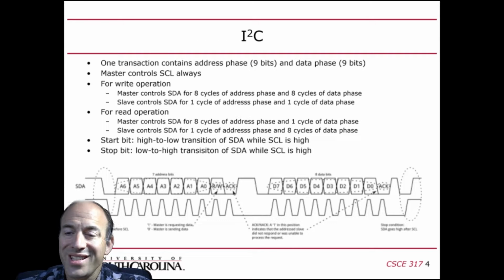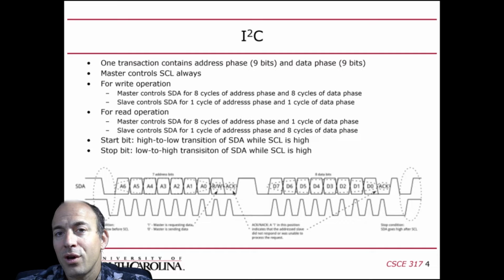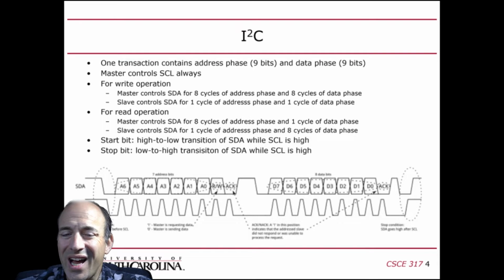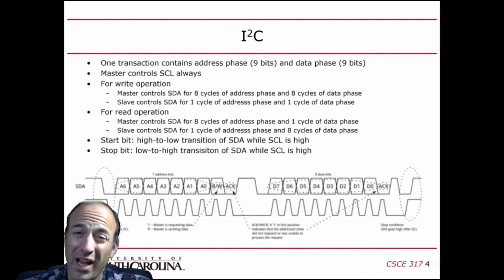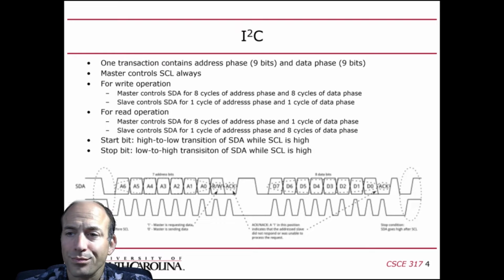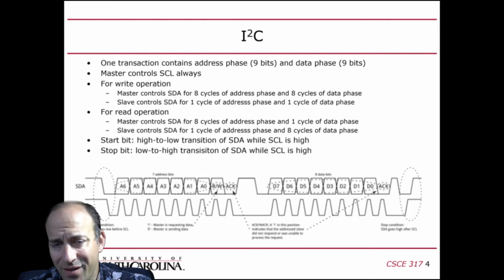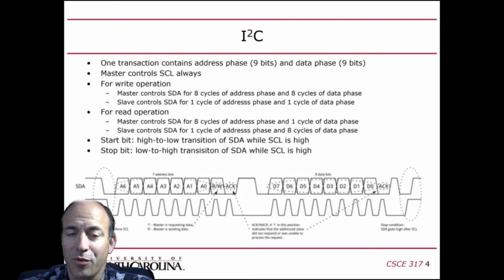The address and the data phase both comprise 9 bits or 9-bit slots, or 9 clock cycles, where there's 1 bit conveyed per clock cycle. So there's an address phase and a data phase. The address phase comes before the data phase.